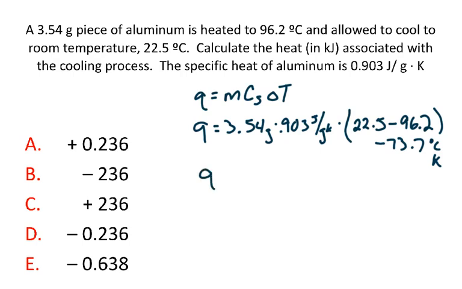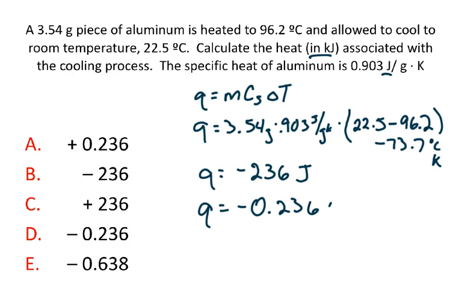So our Q overall is going to be negative 236 joules, because our units here were in joules and the question asks for kilojoules. So our answer is negative 0.236 kilojoules, which is letter D.